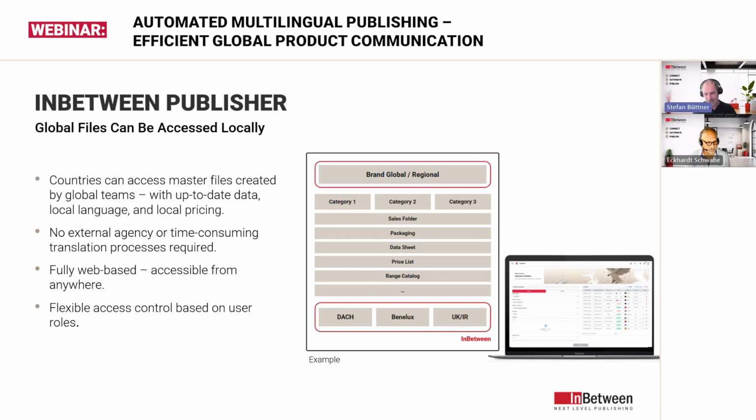And by using the Publisher, of course, you will have a web front end where a user logs in, gets exactly his brand, maybe his regional thing, and then he can choose its categories, what document to create, and the language needed, and then you can simply download the document directly from the browser, and that all can be controlled, of course, by the user rights.